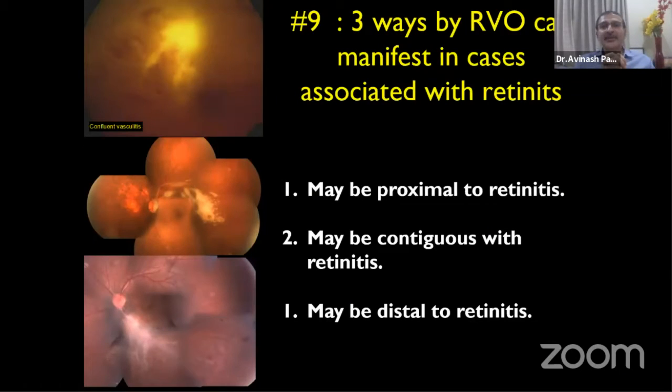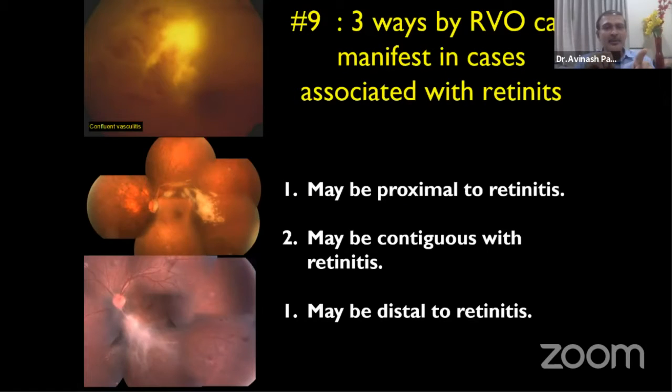And some interesting clinical findings by which these retinal vascular occlusions manifest in the presence of retinitis: if you look at the picture on the top left, the vasculitis can be totally engulfed by the retinitis.